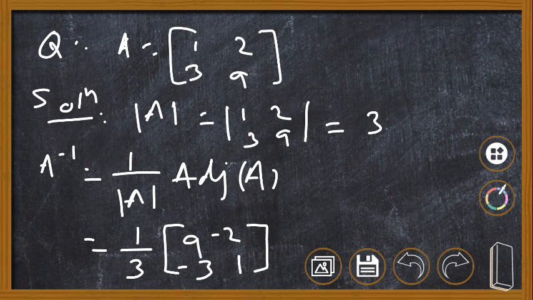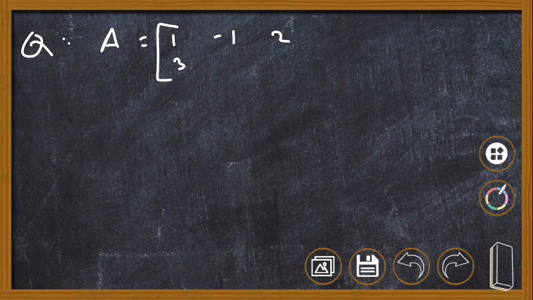Now let us proceed to a 3 cross 3 matrix. Suppose A equals 1, minus 1, 2, 3, 0 and minus 2, 1, 0 and 3. You have to find A inverse.